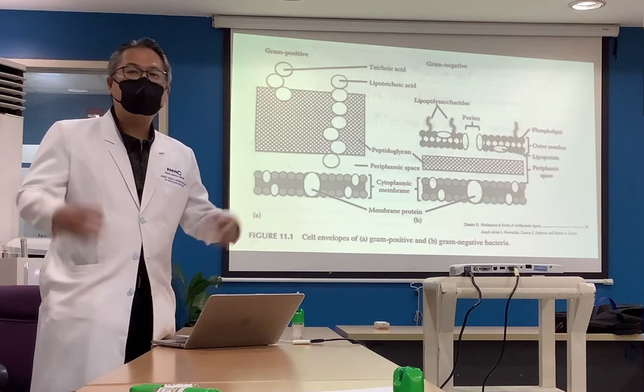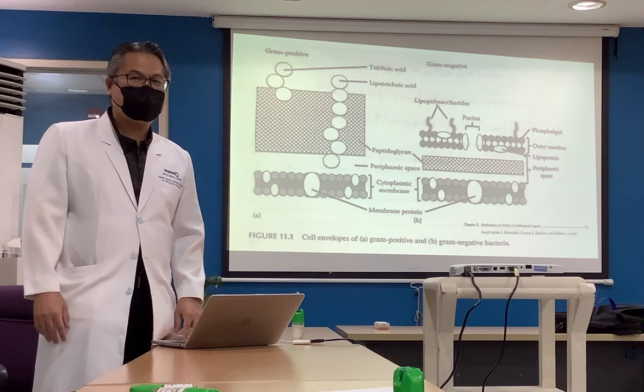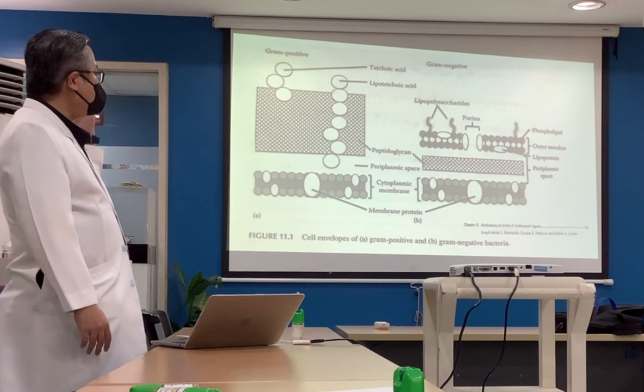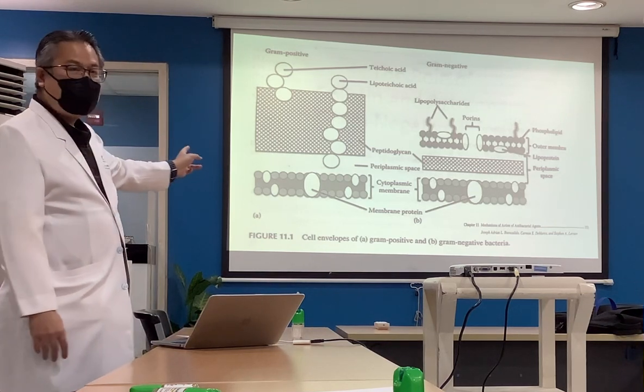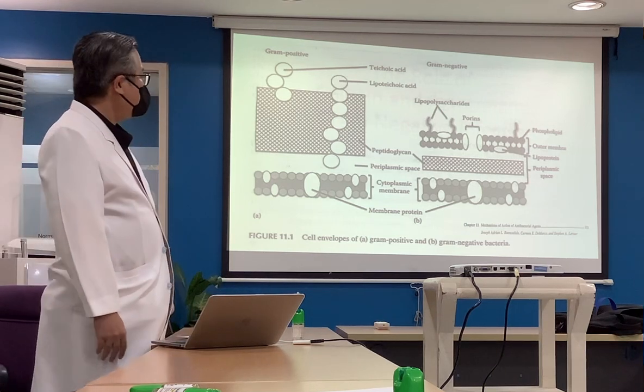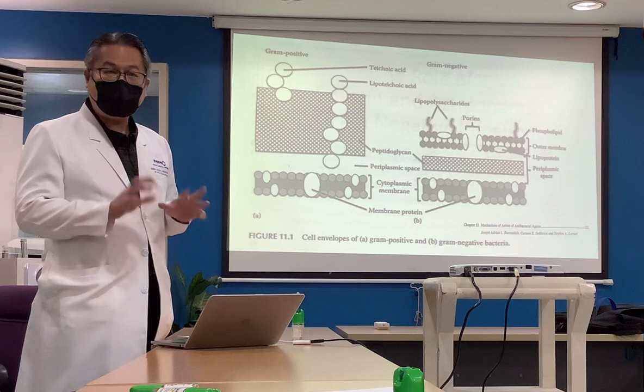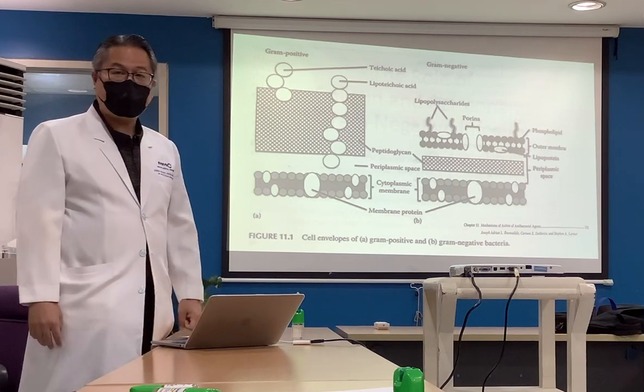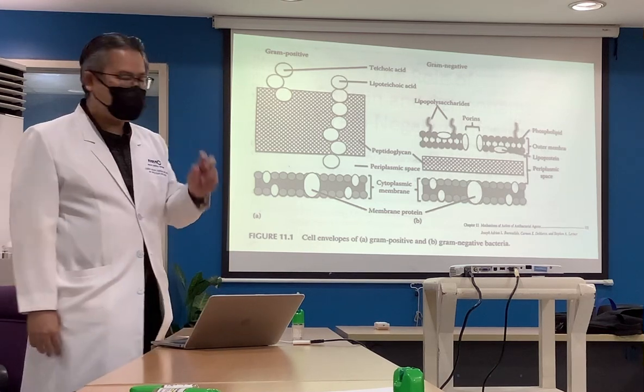So, of course, you all know what this is, right? On your left, this is how a cell envelope of a gram-positive bacteria looks like. By the way, I made these figures myself, so I'm a little bit proud of it.